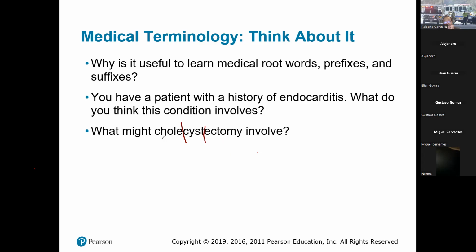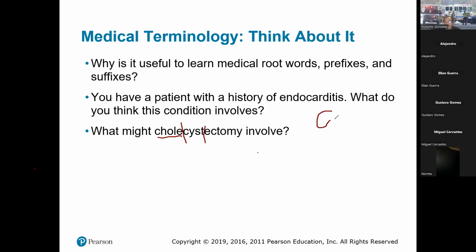Okay, so basically, Kali means what? For those of you that have access to your book. Well, Kali is basically the sac.